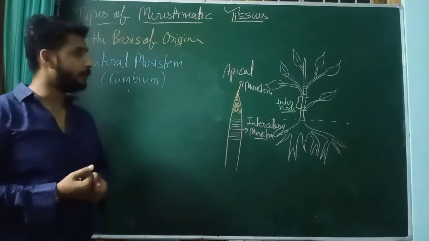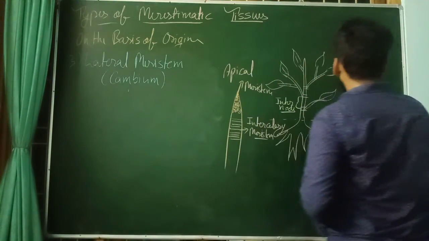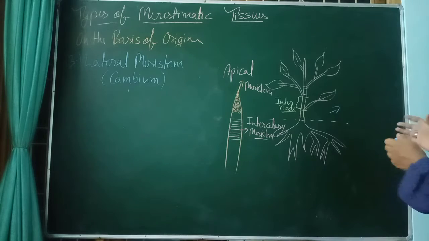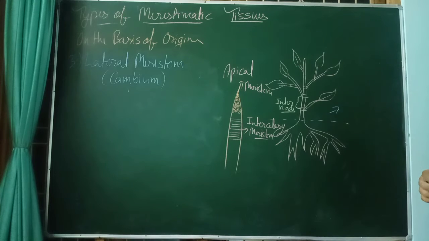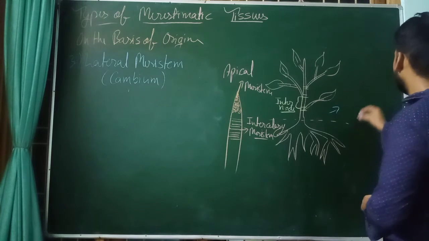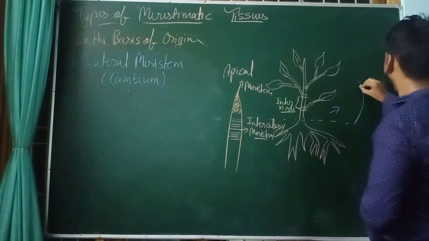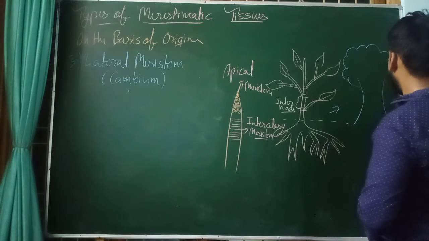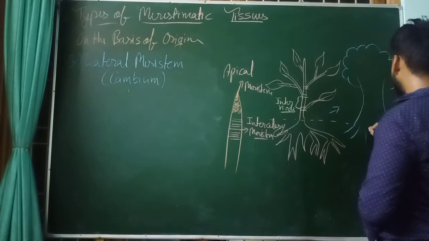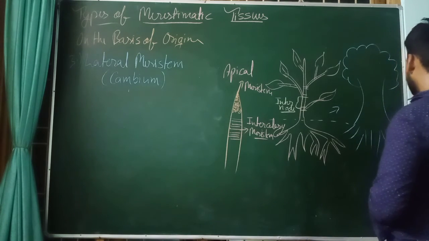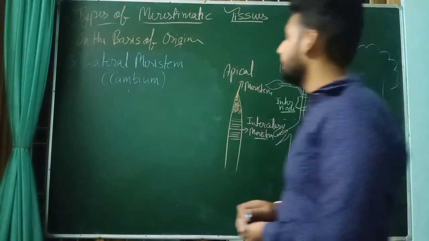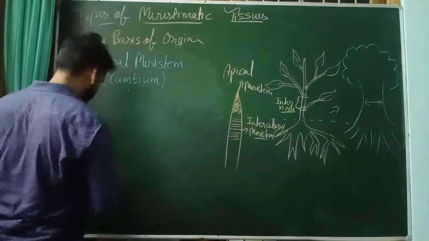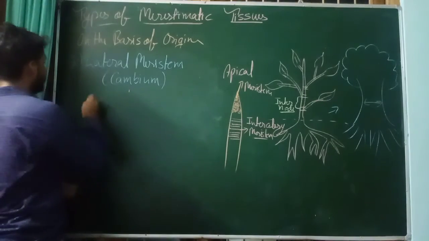You have seen many trees, right? A small plant is converted into a tree, and what increases the size or width of the tree is lateral meristem. Like here, it is converted into a big tree. Here the roots are there, right? The width of the plant is increased due to lateral meristematic tissue. What we call this? Girth.